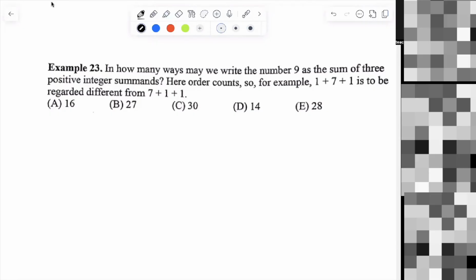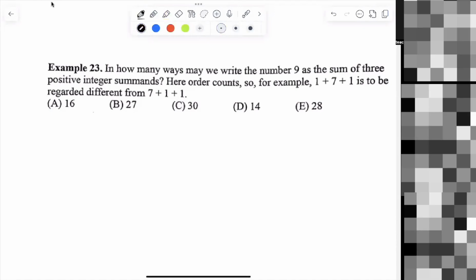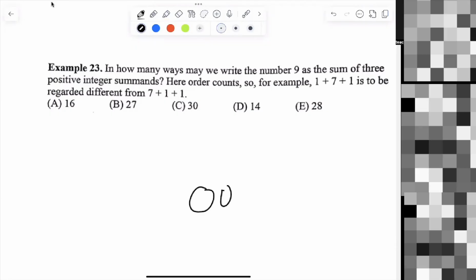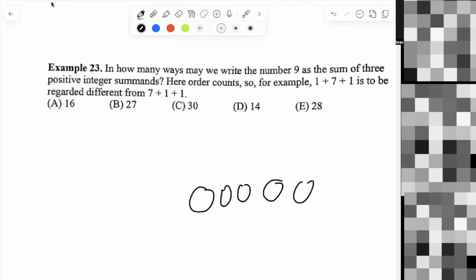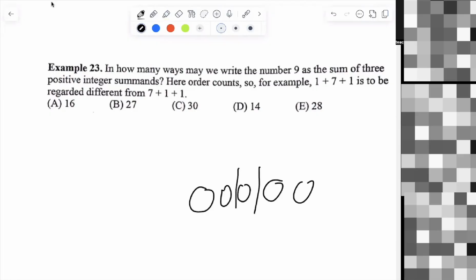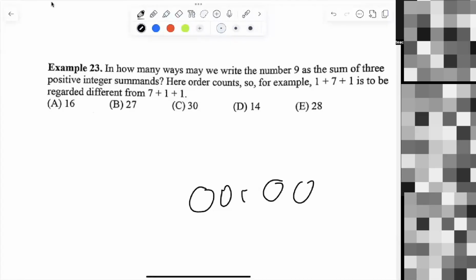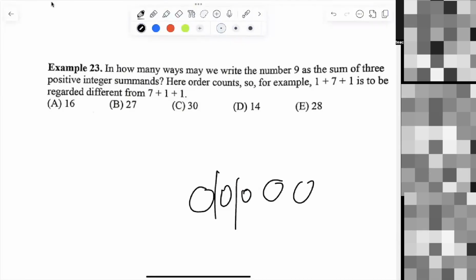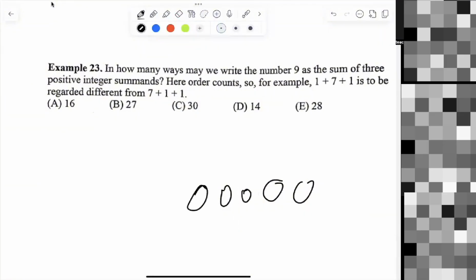For example, we have 5 objects with 3 bars. We're going to find how many each person gets, and you have to find the ways to arrange it. This is one way to arrange it, and this is another, and there are many other ways. That's the purpose of stars and bars.